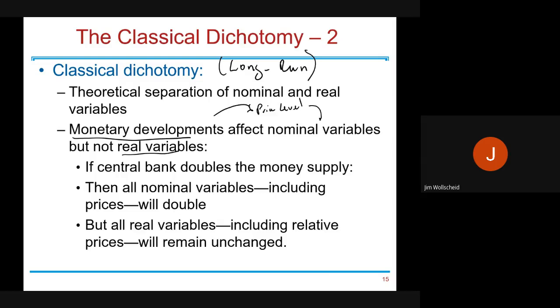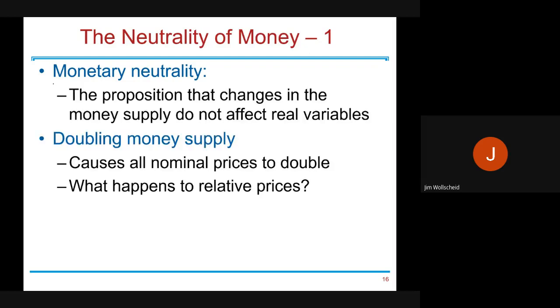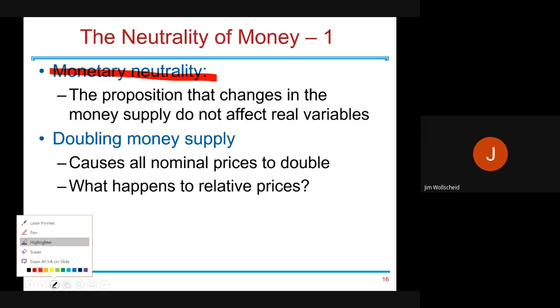If money changes, it affects only nominal variables, not real ones. This principle is referred to as money neutrality: the theory that money supply does not affect real variables, only nominal ones.